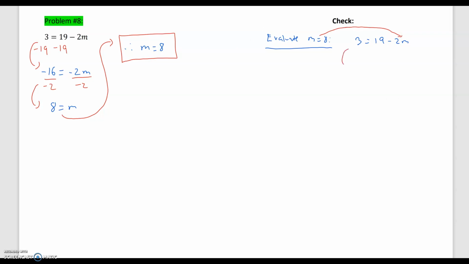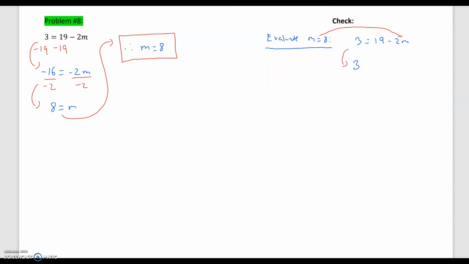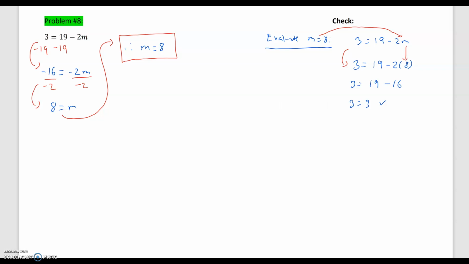So we're looking at 3 is equal to 19 minus 2 times 8. And 3 is equal to 19 minus 16, or 3 is equal to 3. And remember that the m gets evaluated in that step.